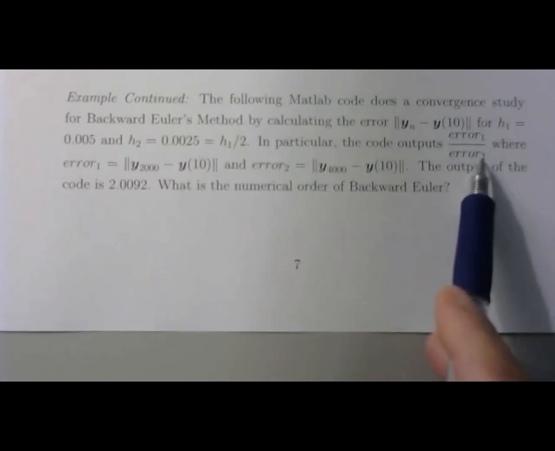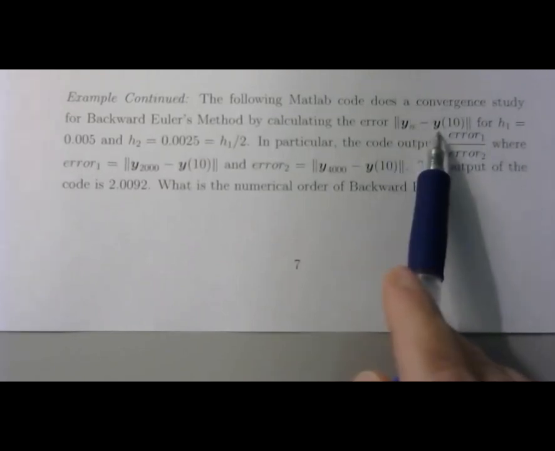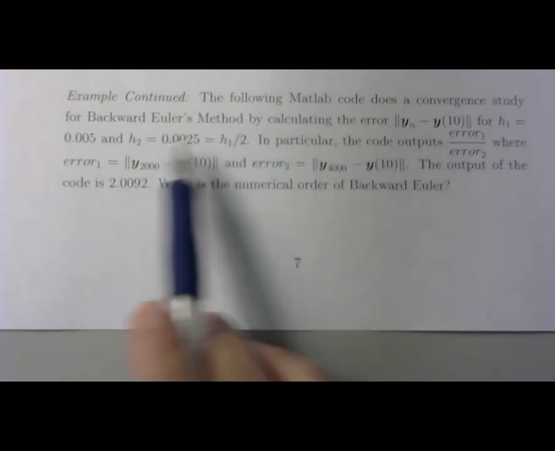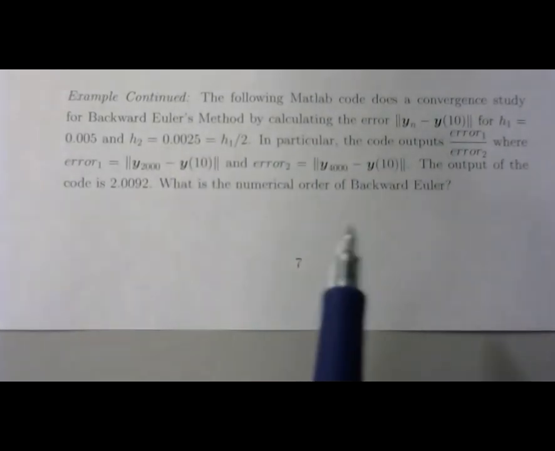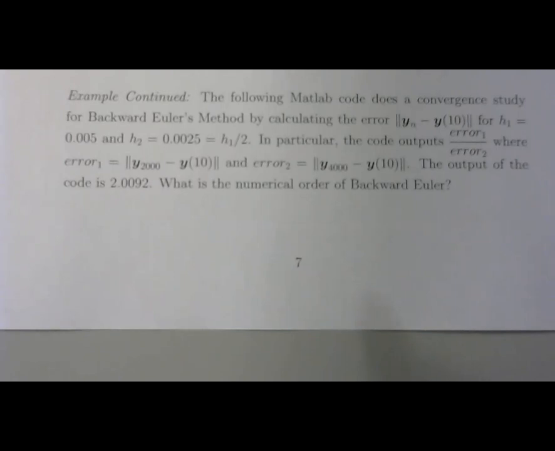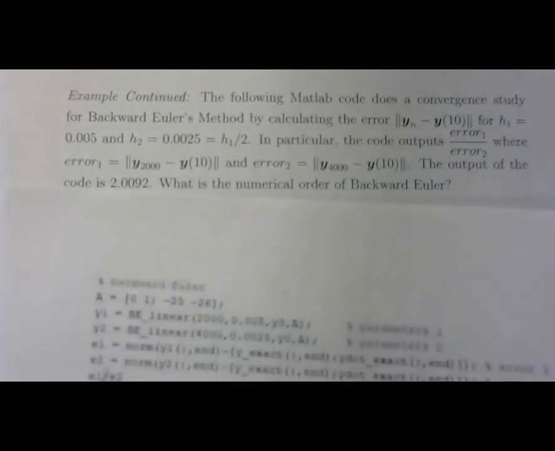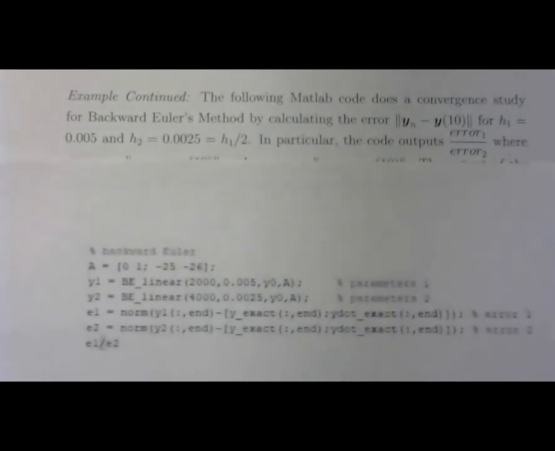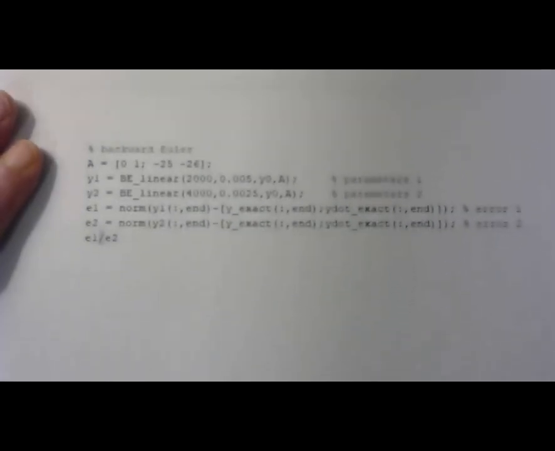And then look at the ratio of the error with the exact solution with these two different h's. And what we said is if that error looks like 2 to a certain power, that power gives you what we call the order of the algorithm. So in the notes here, I have the code that we use for computing these.